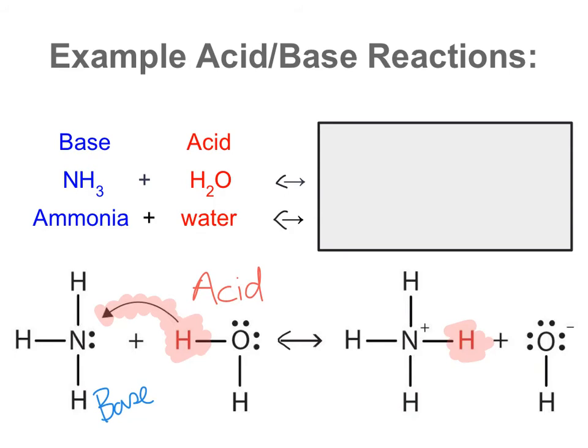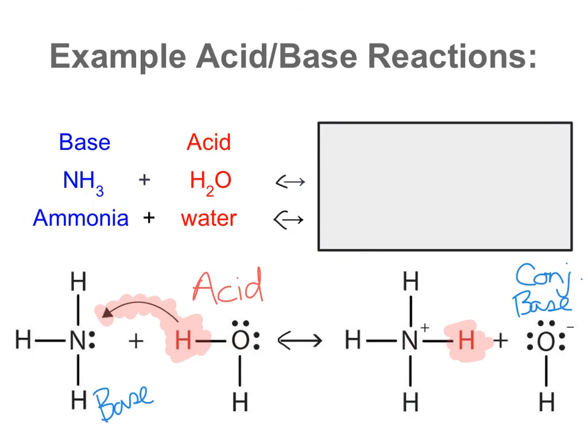Now an acid is going to release a hydrogen and become a conjugate base. This is going to take some practice to get right, but don't worry, we have practice. The substance that released the hydrogen in the forward reaction, if I look at this reaction in the opposite direction, starting with OH as a reactant and NH4 as a reactant, the OH is going to accept that hydrogen from NH4 to get back to this state over here.